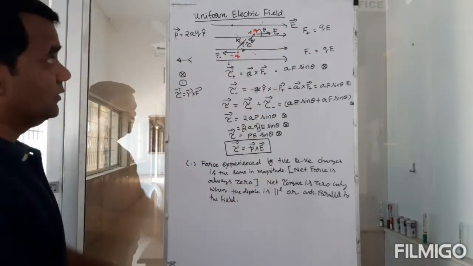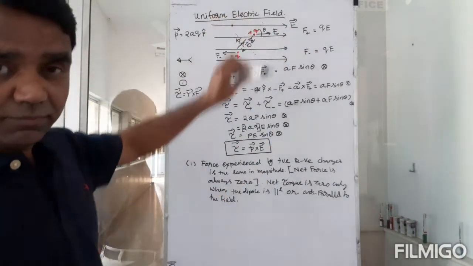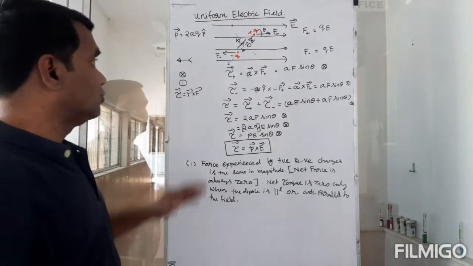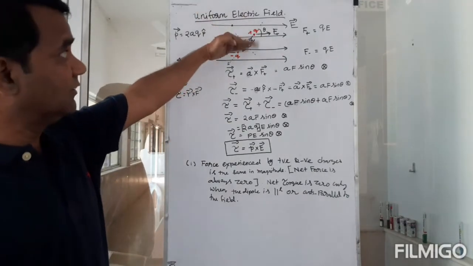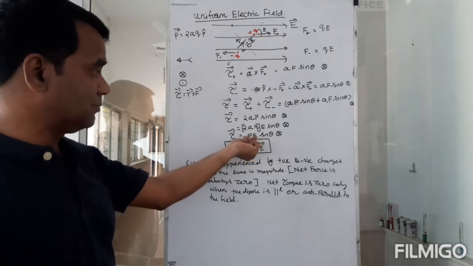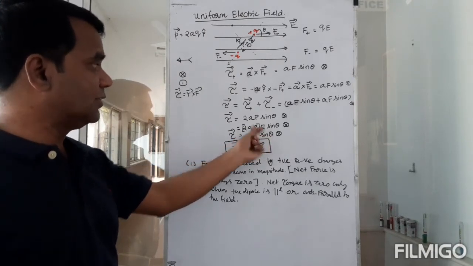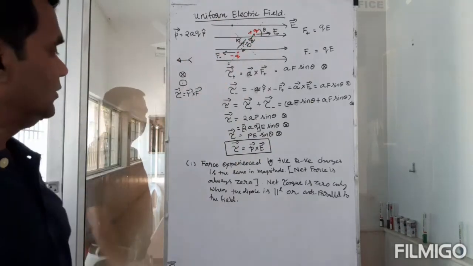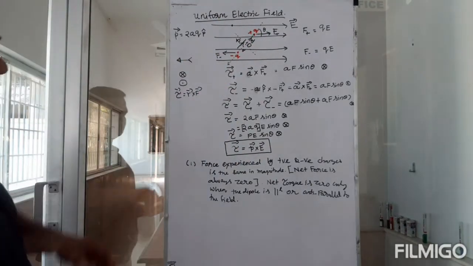In this case, you have varying torque. Okay, you do not have a constant torque here. You have varying torque because theta is changing, even though p and E are the same, these magnitudes are the same. Theta is changing, so you have varying torque. Okay, so that is one point.